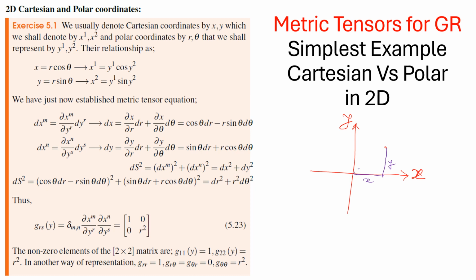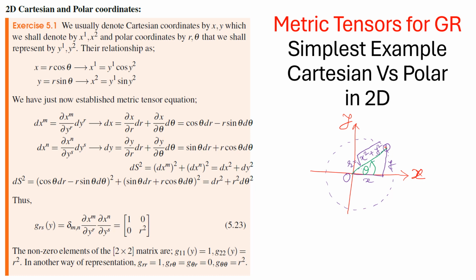When we are interested in finding the distance between this point and the origin, then obviously by Pythagoras theorem, it is the square root of x square plus y square. Now this quantity we call the distance of the point from the origin, and the locus of all points at a fixed distance from the origin gives rise to a circle. But which point on the circle, that's a big question, and to identify that we specify the distance r from the center to that point, which makes an angle theta with the x-axis.